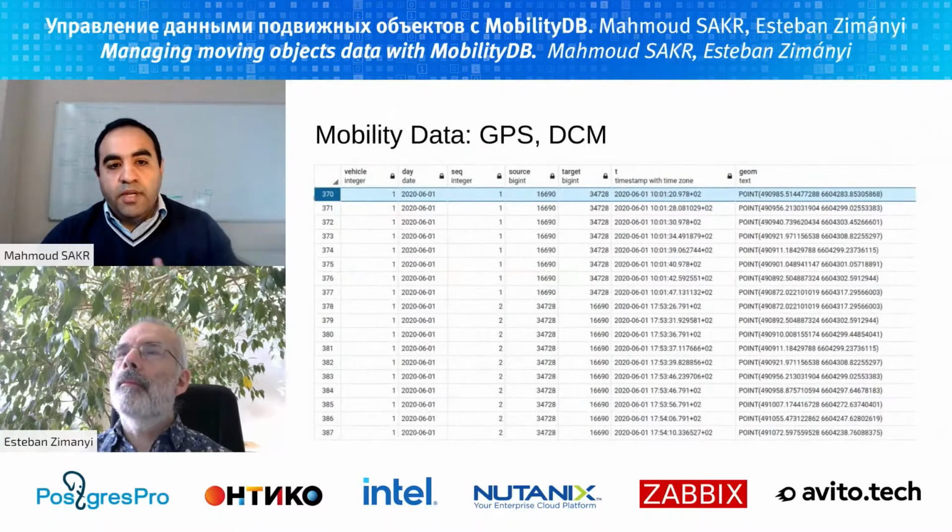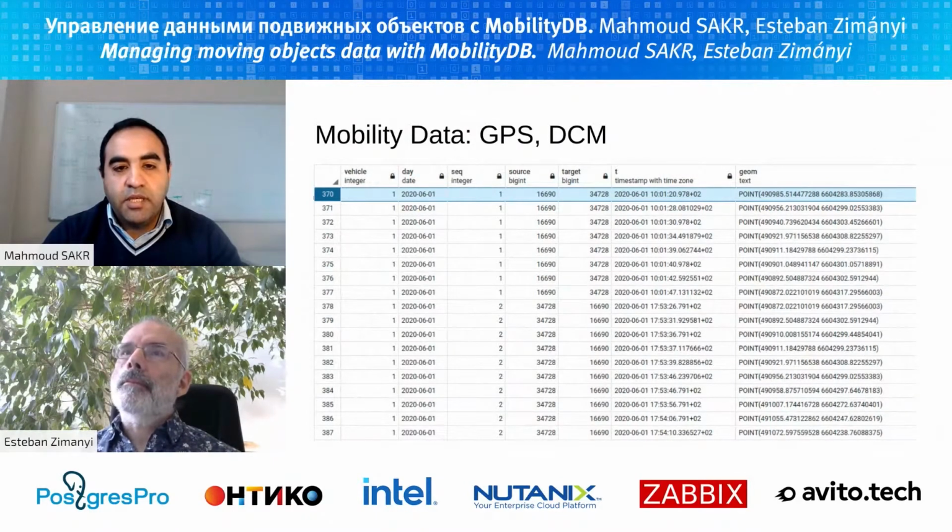So let's step back and speak about mobility data. How does mobility data look like? Mobility data come from many kinds of sensors. The most common one is GPS, or the Russian equivalent is GLONASS, if I'm not mistaken.